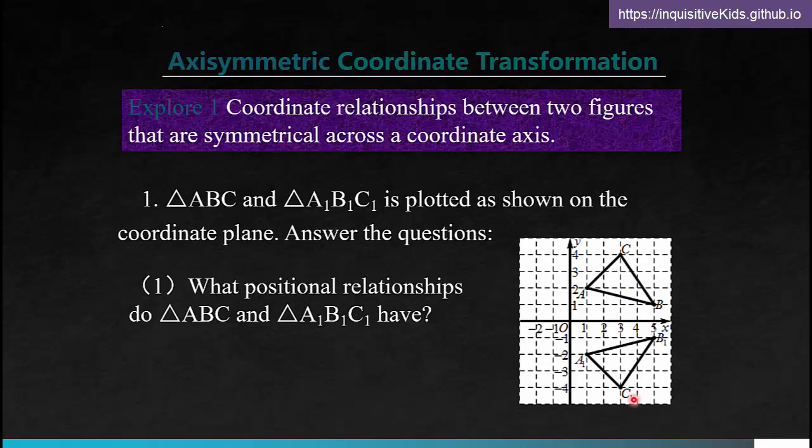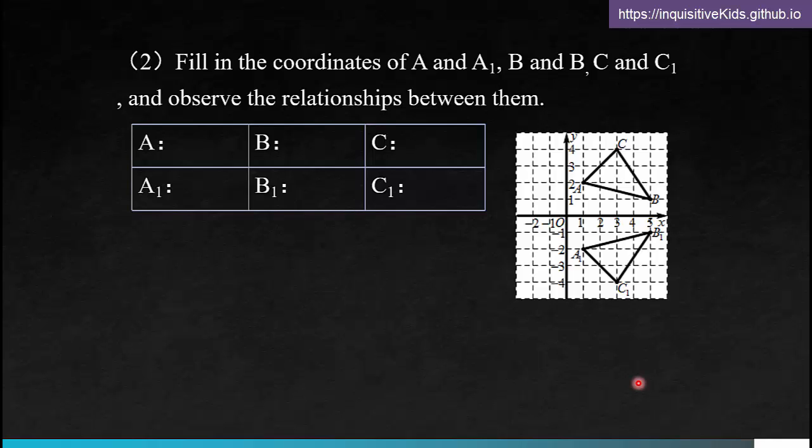So these two triangles aren't connected, they just are reflected across each other. Triangle ABC and triangle A1B1C1 are symmetrical about the x-axis. Fill in the coordinates of A and A1, B and B1, C and C1, and observe the relationships between them.